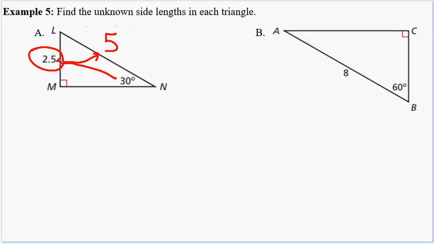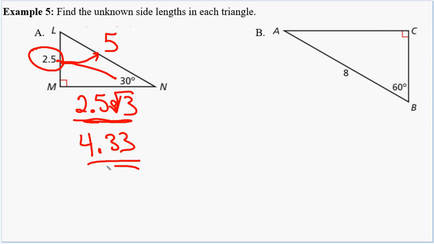And then from the short leg to the long leg, that would be 2.5 times root 3. And let's see, if you're curious about this longer leg as a decimal, I've got 4.33. Short leg 2.5, hypotenuse is 5.